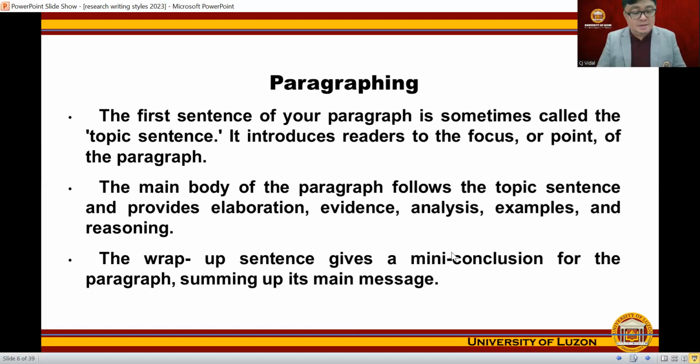This is a useful formula to stick to throughout your dissertation or your research report. So that's the topic, main body, and wrap up format.